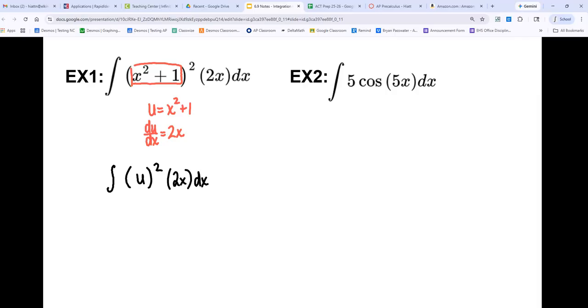Now, I need to have an integral of something with u's, and I need to have a du on the end. I can't have a du/dx. But right here where I have du over dx, would it be okay for me to multiply this side by dx and cancel it out, and then multiply this side by dx here? That's a rule that we can use, right?